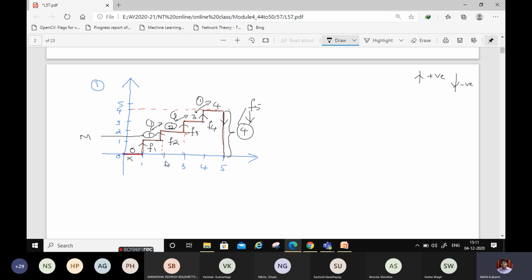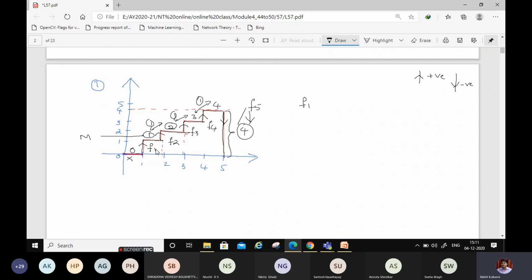First, F1: where it is starting, where it is ending and with how much magnitude. We have learned that in detail.